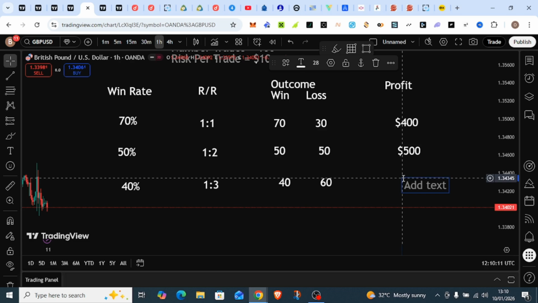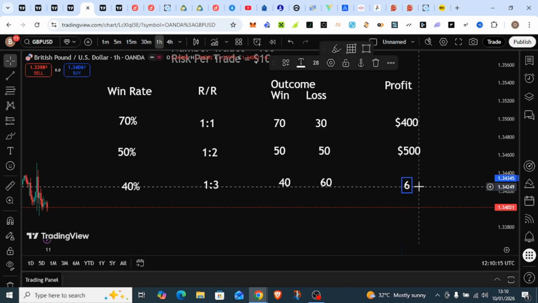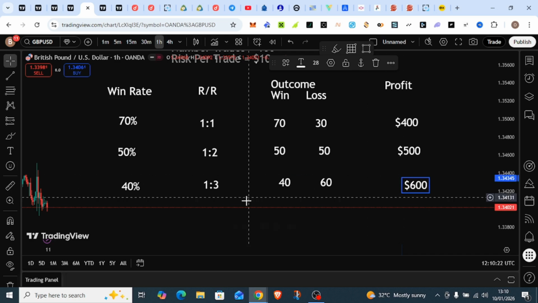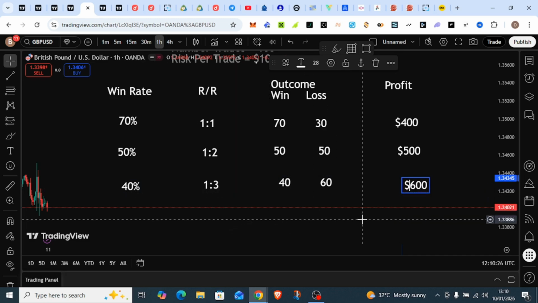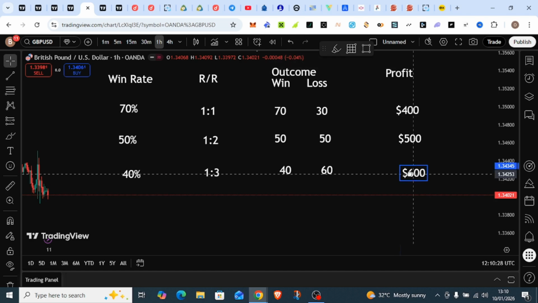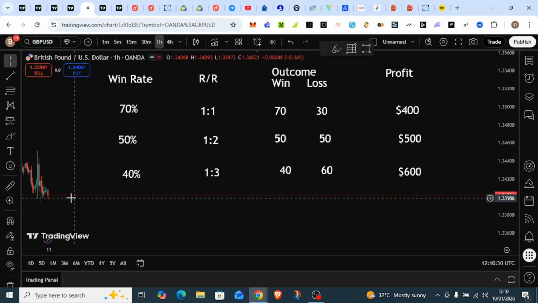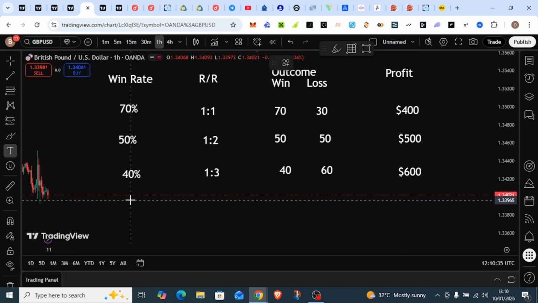After all the subtraction, we get $600 as our final profit, at 40% win rate and 1:3 RR. Let's do another example, which should be the last one. After this one, we'll move to other things.